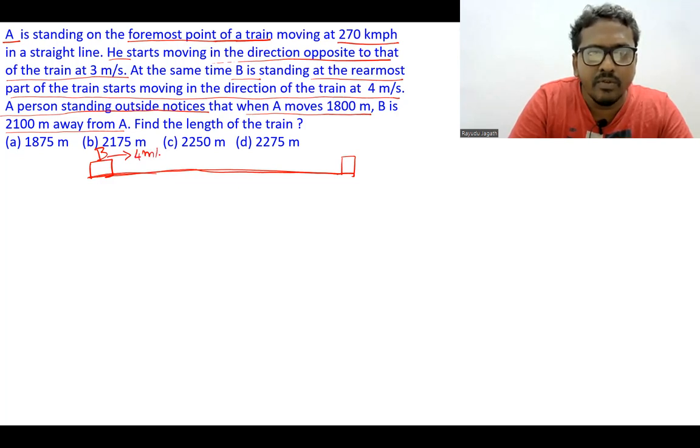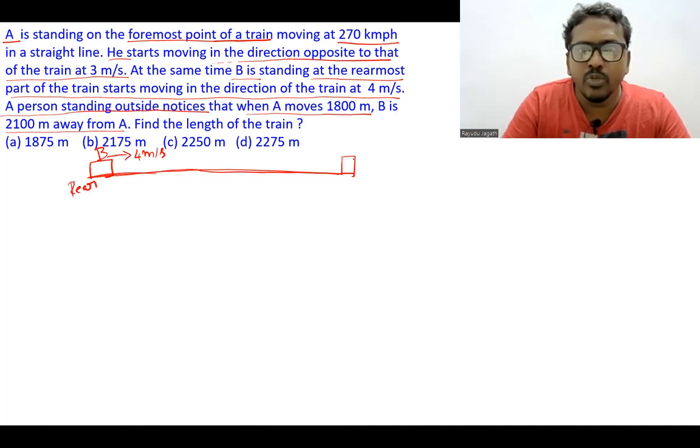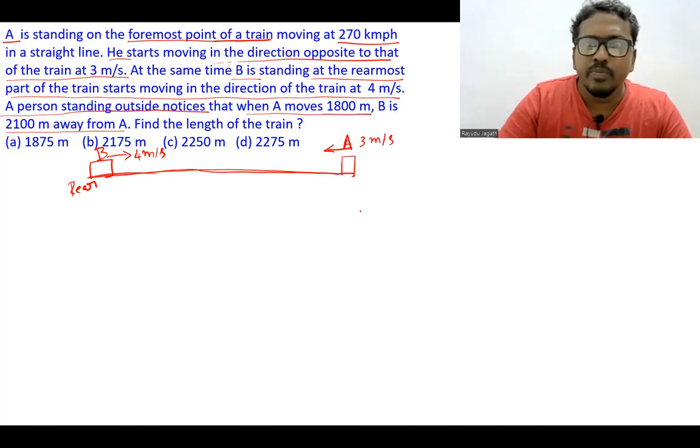This is the rearmost point, this is the foremost point. At the foremost point, a person A is moving with a speed of 3 meters per second, and the speed of the train is 270 kilometers per hour.